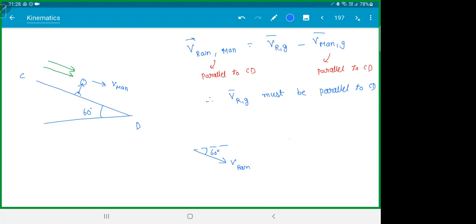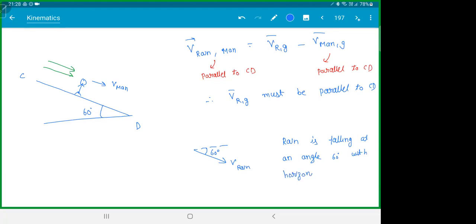Speed we still don't know. There's no need to be super mathematical here. You can just see and say, if these two are parallel, the third vector should be parallel. Okay.